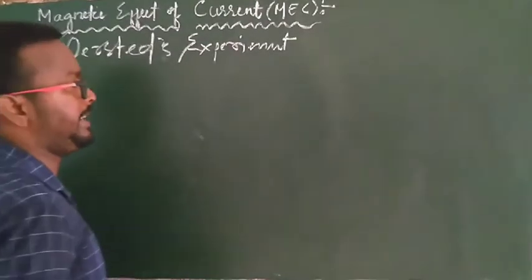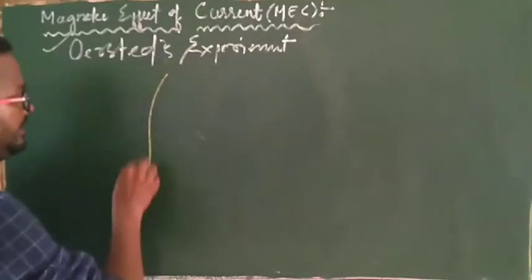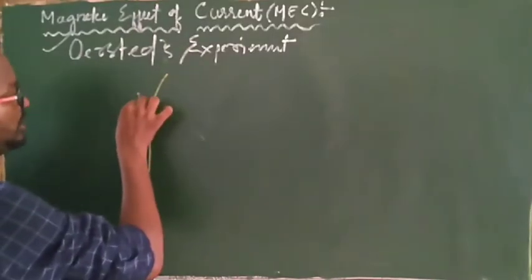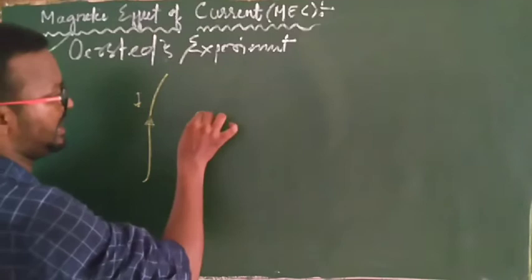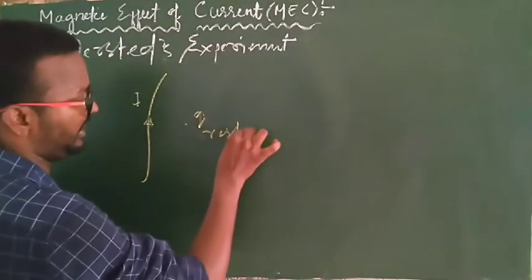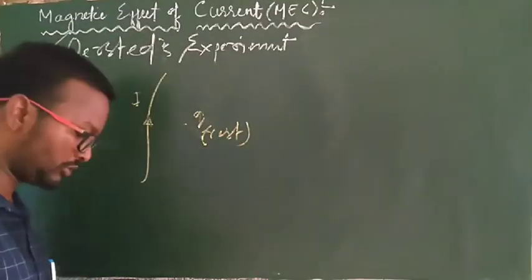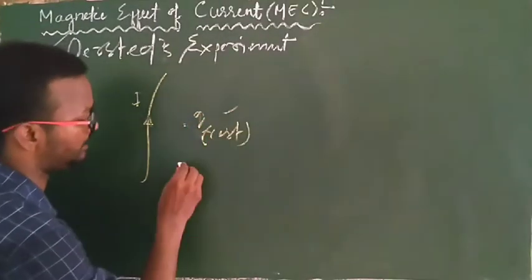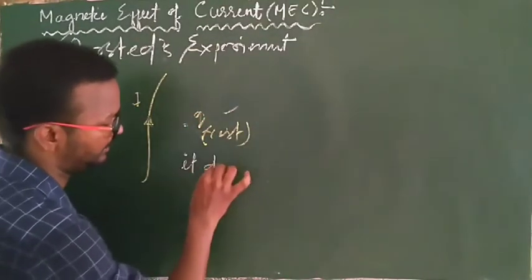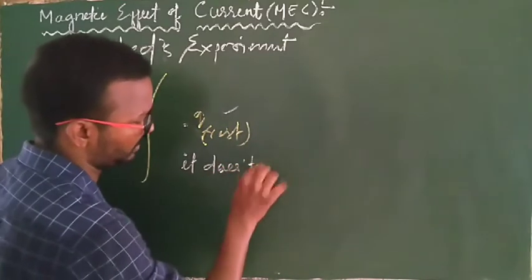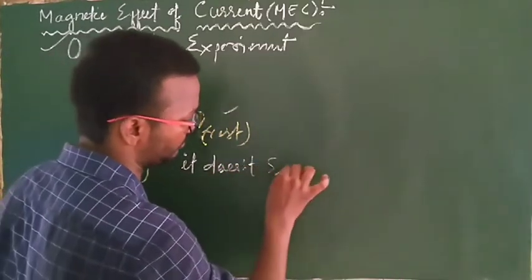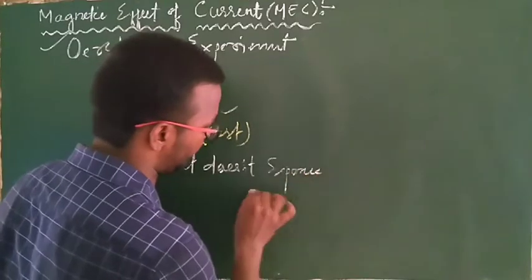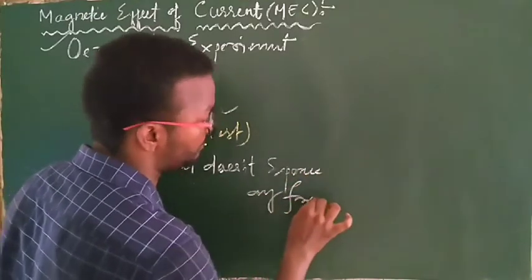So from this experiment we conclude that if there is a current I flowing through the conductor and a charge is at rest, then it does not experience any force.